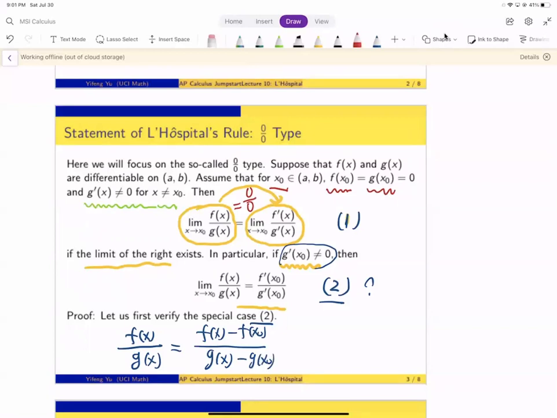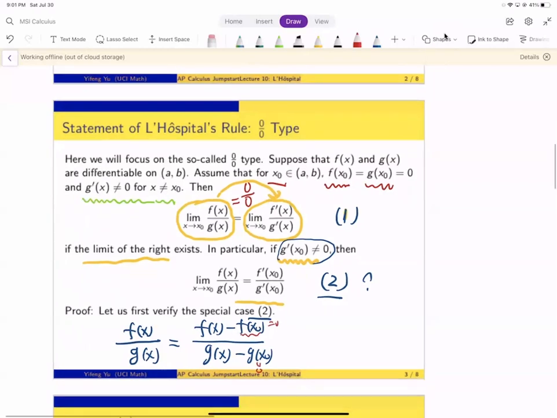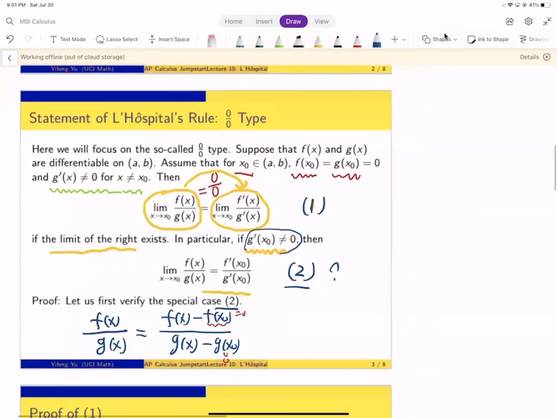Why? Because remember, f(x0) is 0 and g(x0) is 0, so if I subtract the 0, it doesn't really matter. Then one more step: this is (f(x) minus f(x0)) divided by (x minus x0), and then I have to multiply back, so this is (g(x) minus g(x0)).